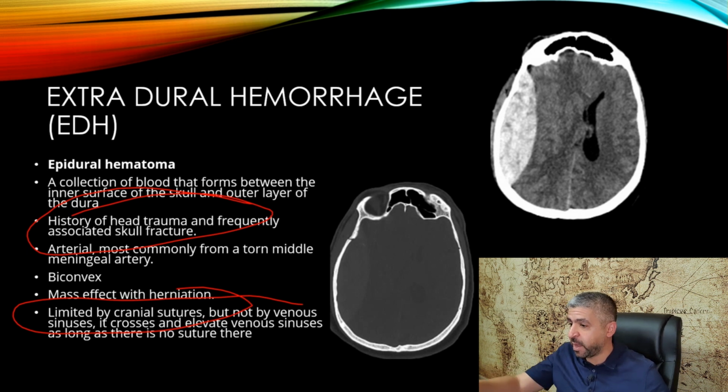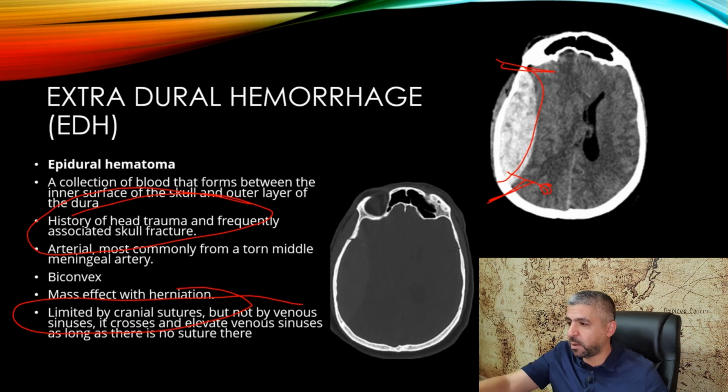So what does that mean? If you look carefully at this epidural hematoma, here is the coronal suture and here is the lambdoid suture. So the collection or the hematoma will be limited by the sutures. It will not pass them.